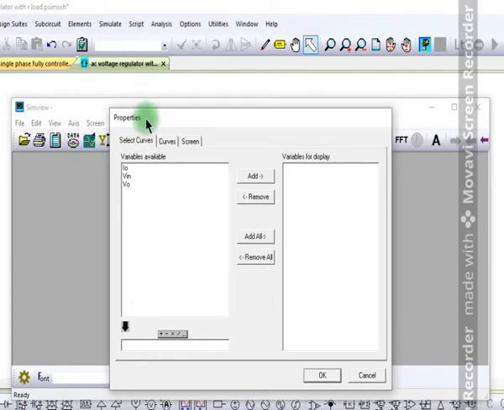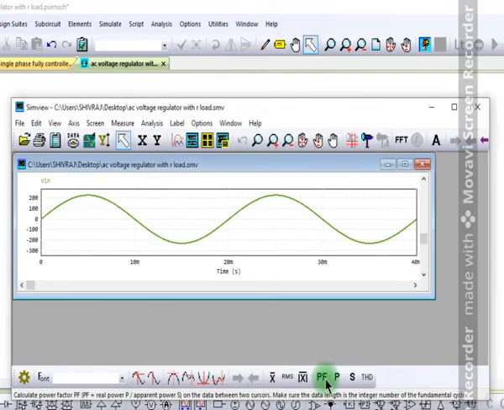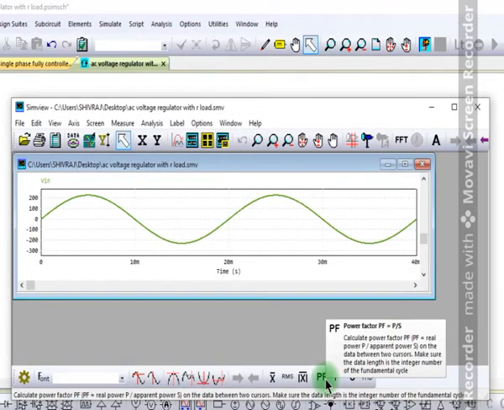Initially I will take the input voltage and click it, and it will come at variables for display. So click on OK, and it shows the input supply waveform.